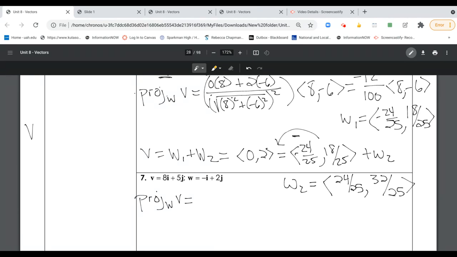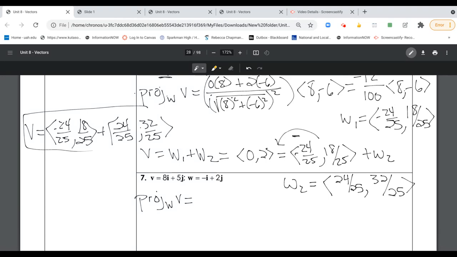So vector v breaks up into negative 24 over 25, 18 over 25, and we're going to add that to 24 over 25, 32 over 25. That would be breaking this down into 2 orthogonal vectors.